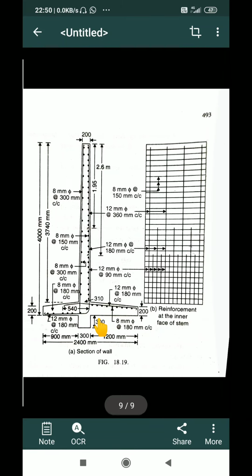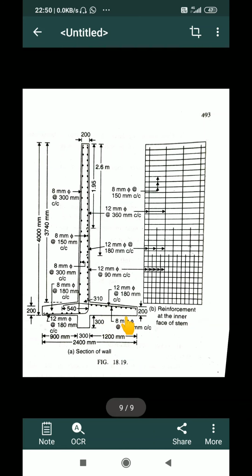Then on the heel slab, the heel slab will hog in this manner. So on the top face it is the tension side, and on the bottom face it is the compression side. Since the thickness of the slab is just 200 mm, no need to provide reinforcement in two layers.